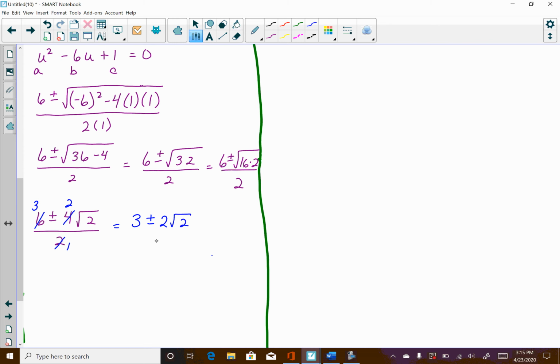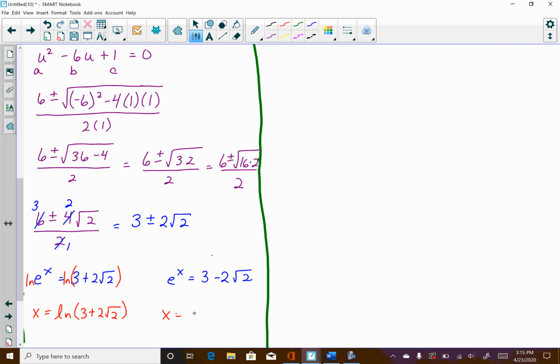Remember, that's your u value though. So u equals that, and remember that u is e to the x. So e to the x equals 3 plus 2 square root of 2, and e to the x equals 3 minus 2 square root of 2. To get x, just like I did in the last problem, you want to get rid of that e, so you take the natural log of both sides. So x equals the natural log of 3 plus 2 square root of 2.